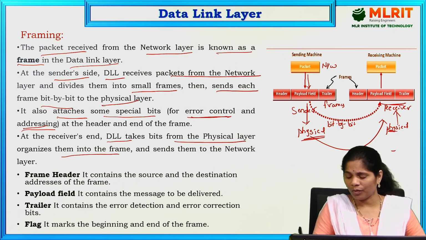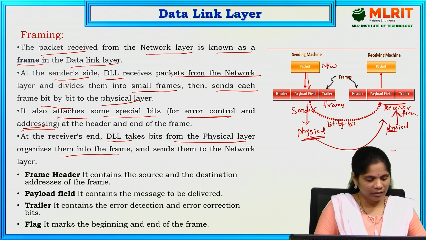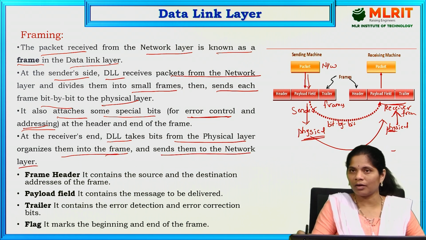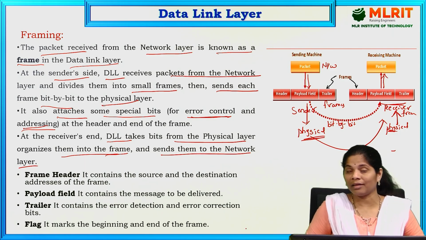These bits are again sent to the data link layer, organized into frames, and sent back to the network layer in the form of packets on the receiver side.